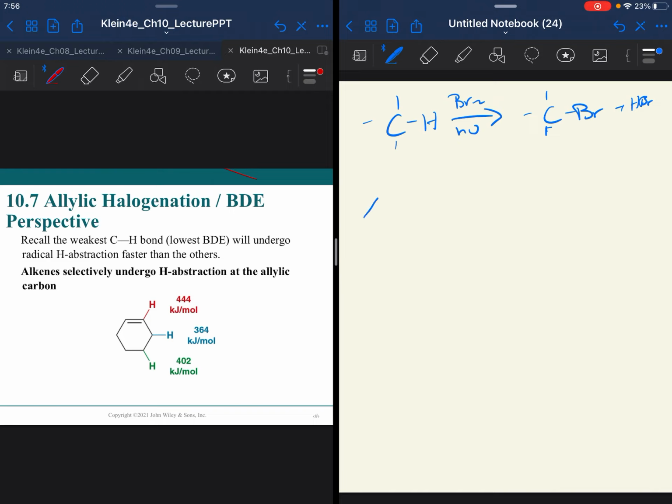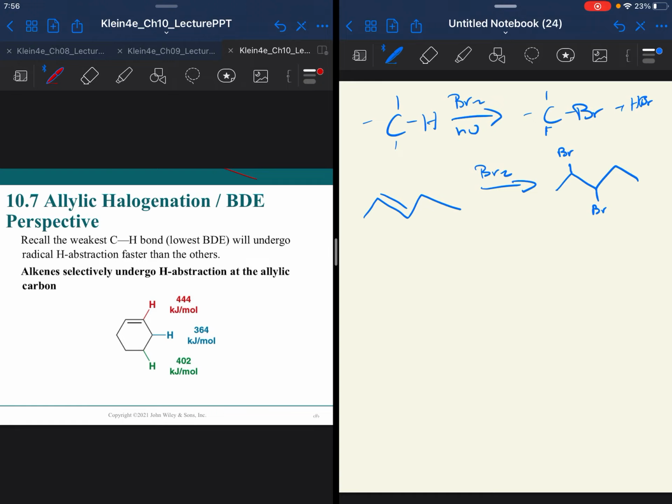For instance, if we have, let's say, a double bond here, and we treat this with Br2 in dark or in light, we're going to get an addition reaction. And since that one doesn't need to be initiated by light, that is going to happen pretty fast, and we aren't necessarily going to get the radical halogenation on an sp3 carbon that we would want.